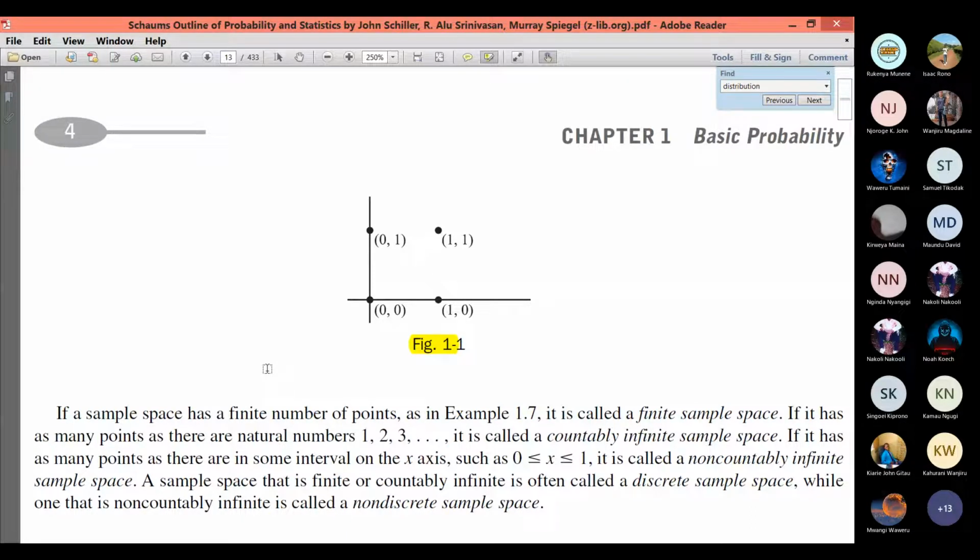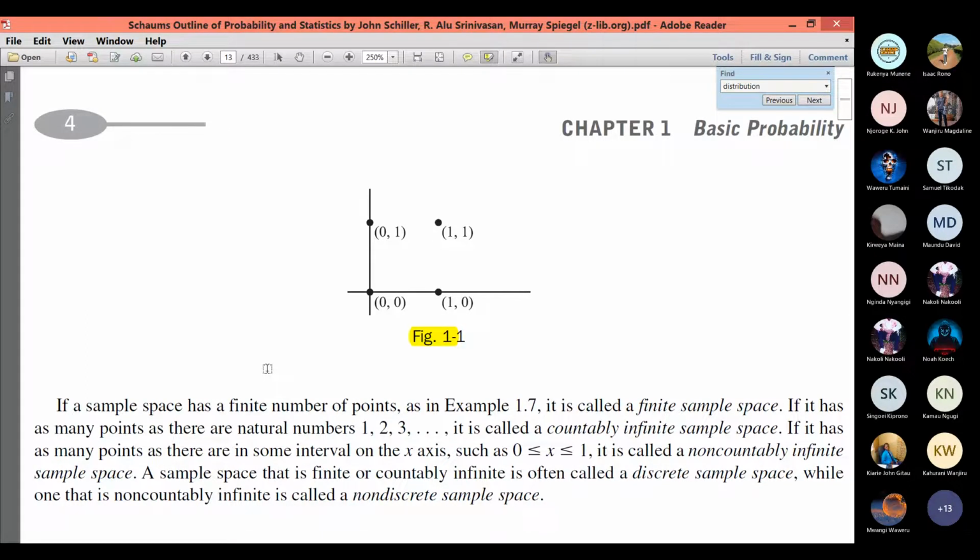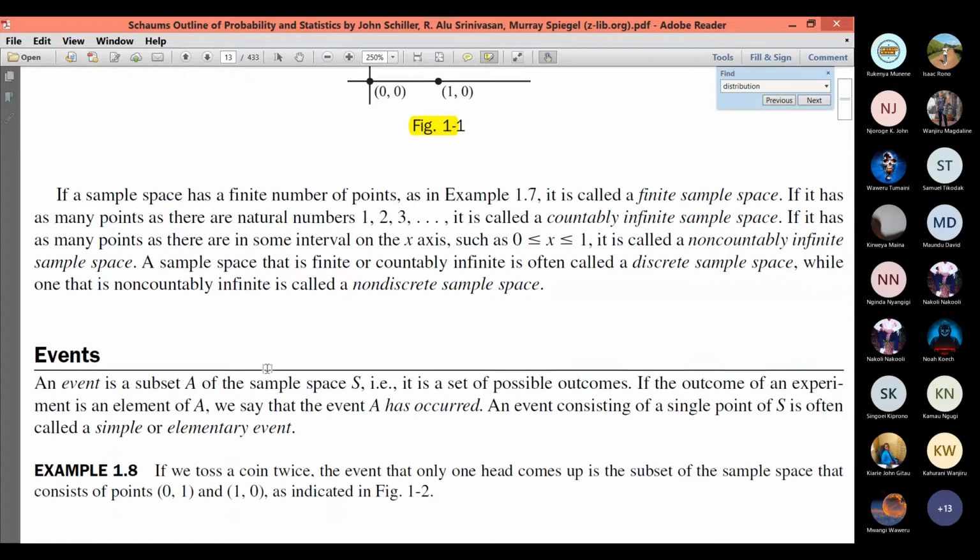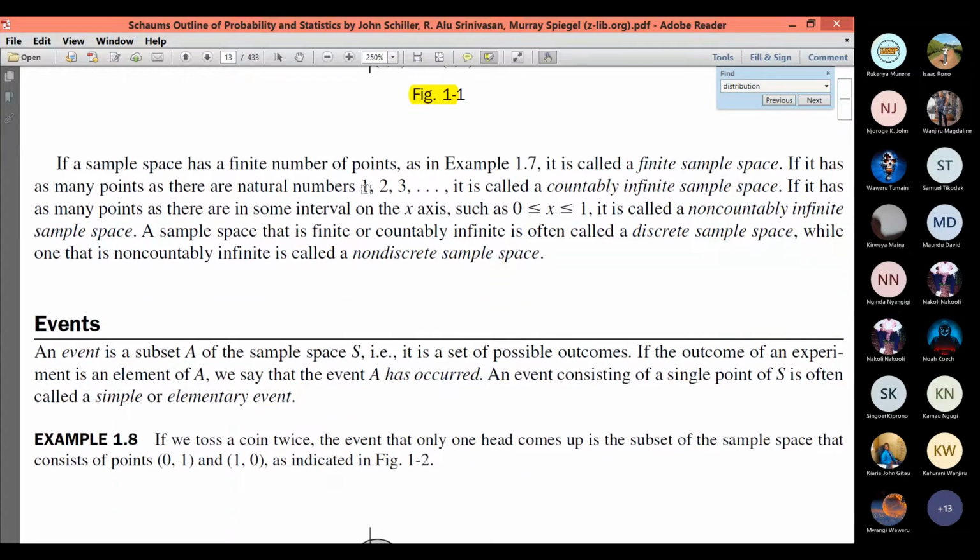We have already said that a sample space can be discrete or can be continuous. Discrete if you can count, stuff like natural numbers, 1, 2, 3. So we have finite sample space, we have countably infinite sample space, and we have uncountably infinite sample spaces.